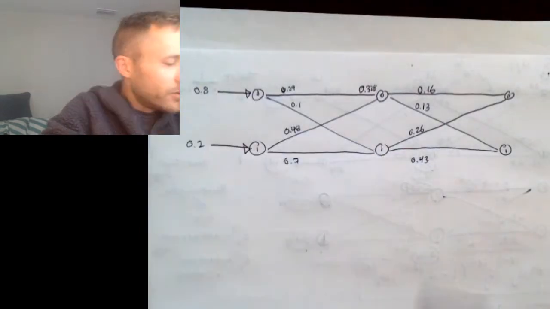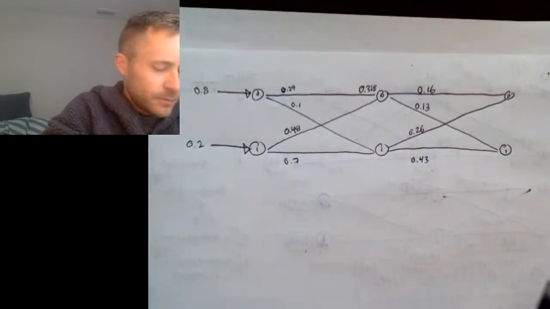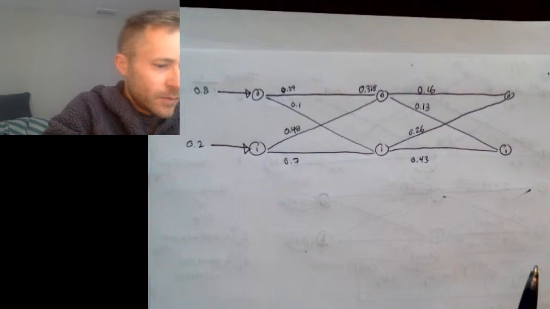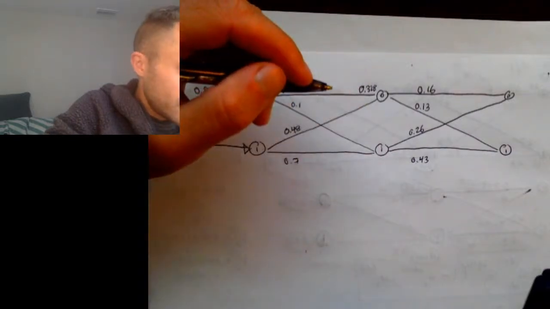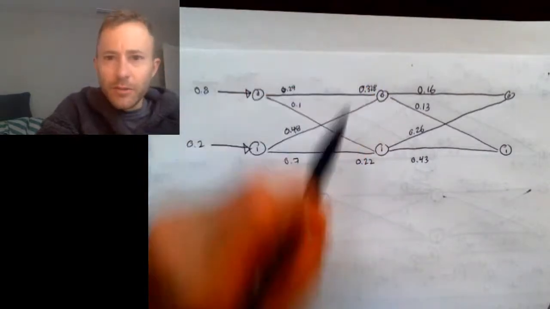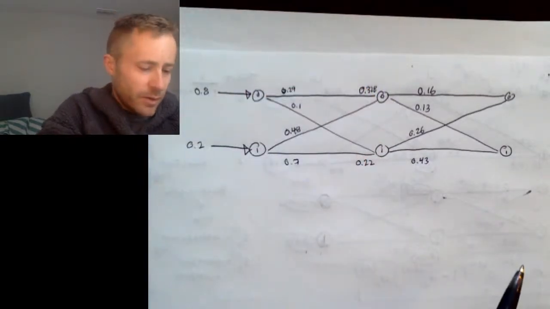The input to this one is 0.22. Now I have to do the sigmoid on these to get the outputs.